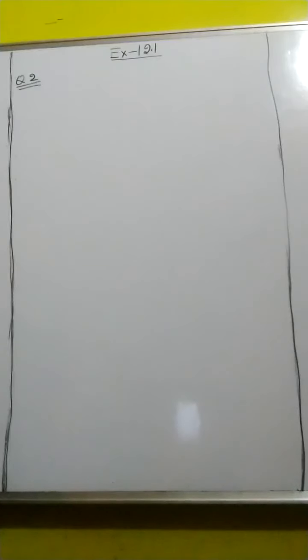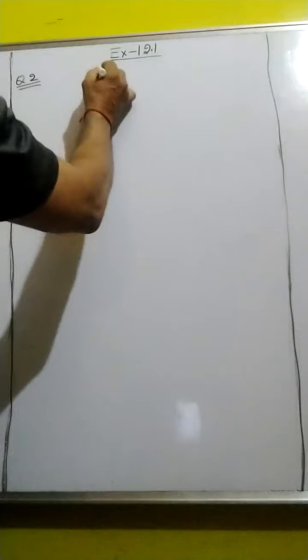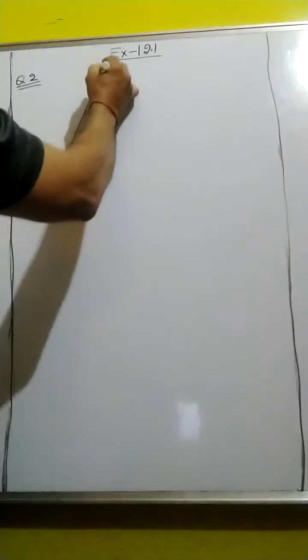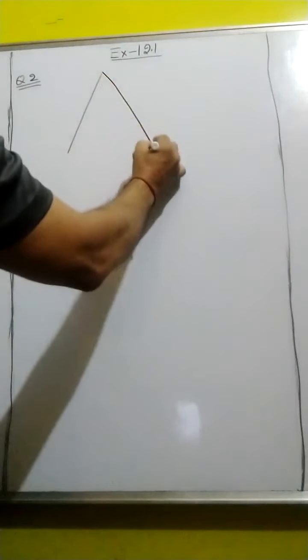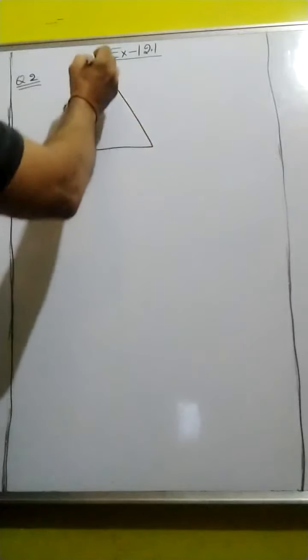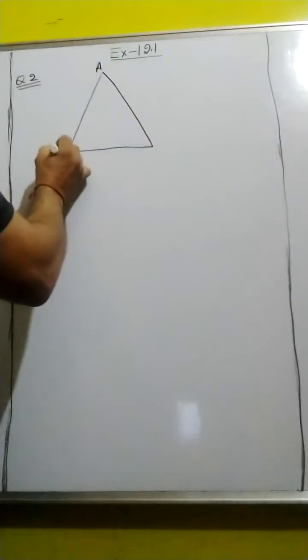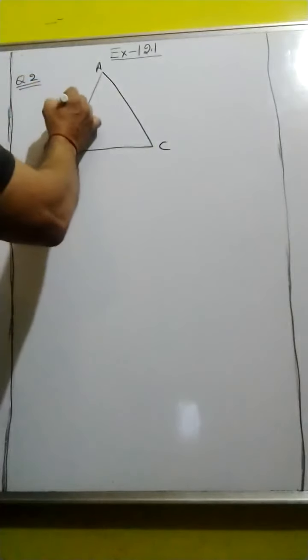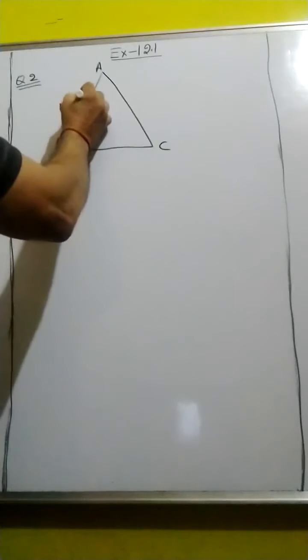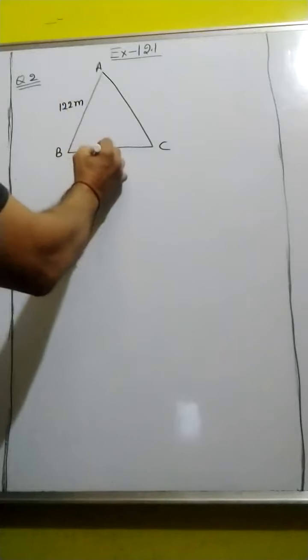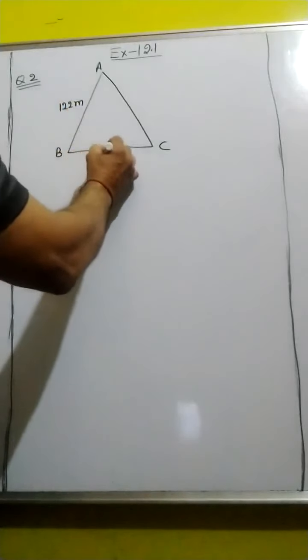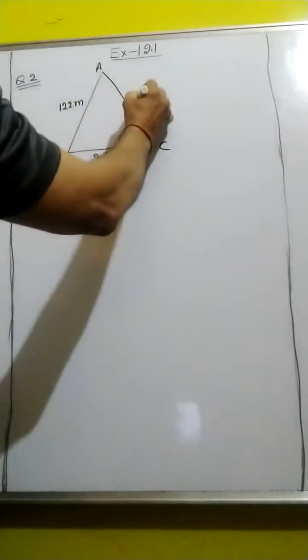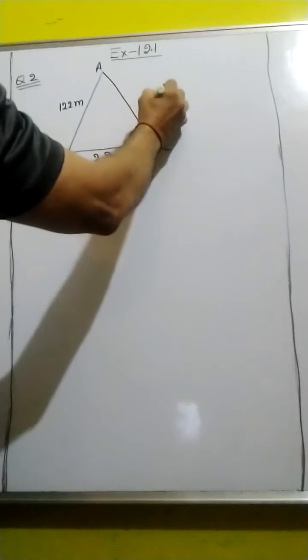So there is an advertisement wall in the shape of a triangle. Suppose this is the advertisement wall in the shape of triangle ABC, and the lengths of the wall are given as 122 meter, 22 meter and 120 meter.